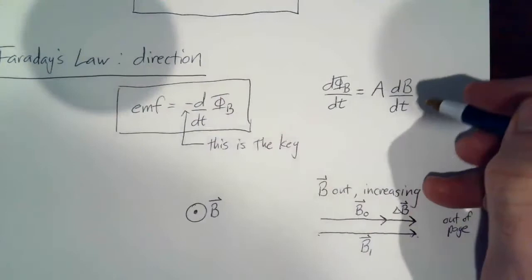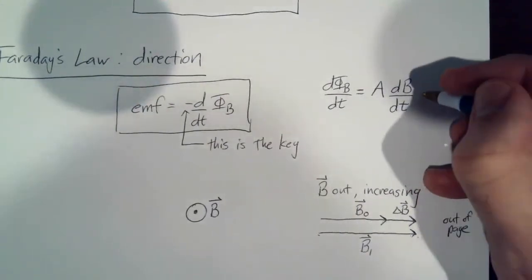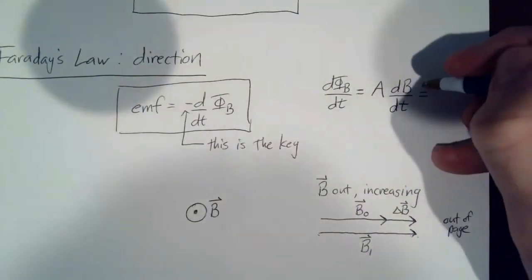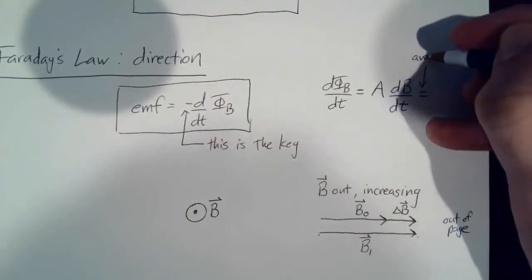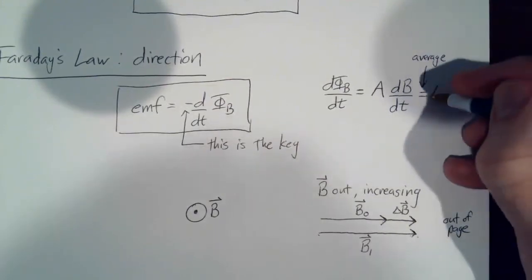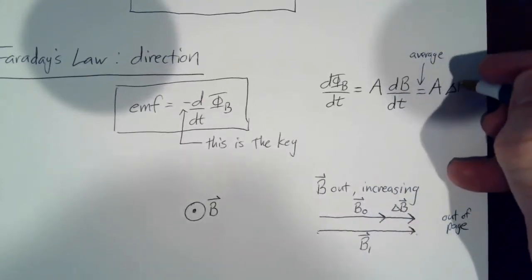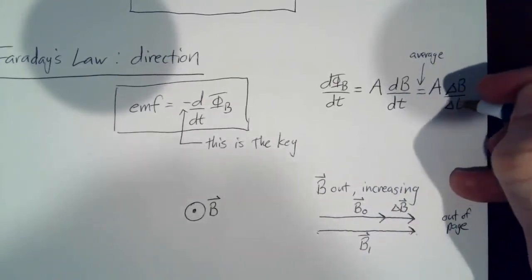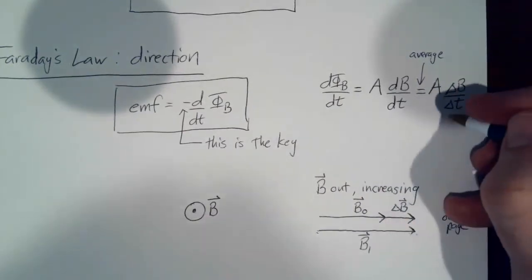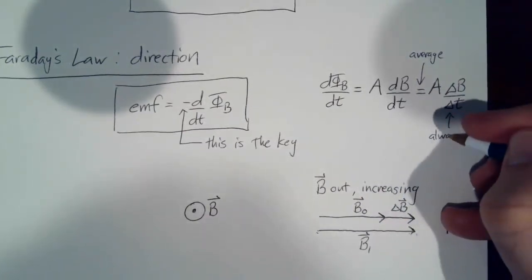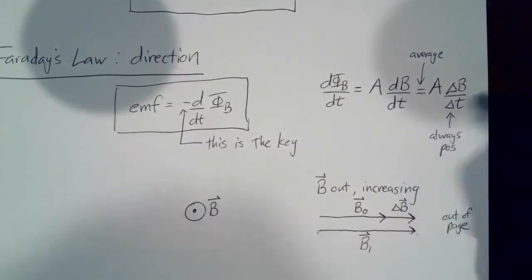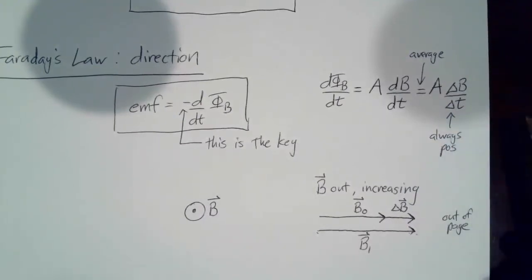And this is the instantaneous change, but on average, I can replace my dB dt with delta B over delta t, okay? And delta t is always positive because we're always going to be talking about moving forward in time.